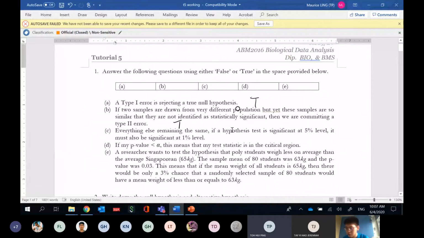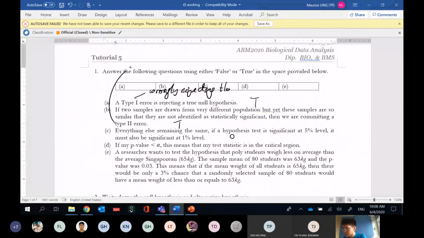Okay, so this is type 1 and type 2 error. Type 1 error is wrongly rejecting the null hypothesis.